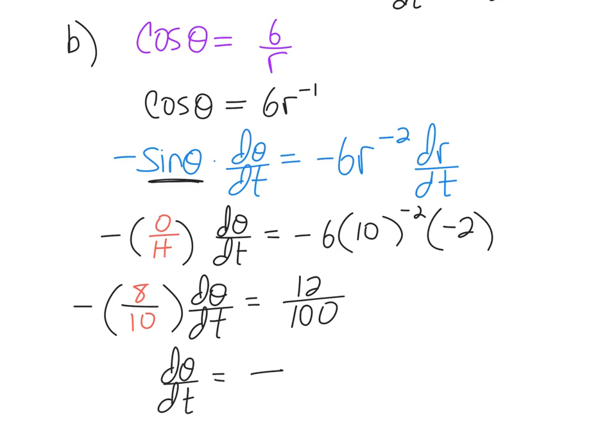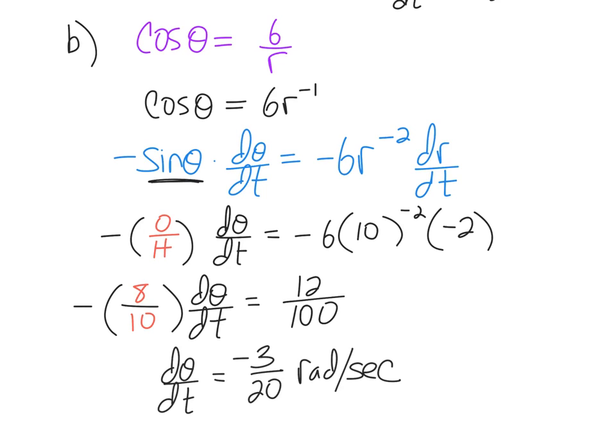So it'll be a negative quantity. We'd have 12 over 10 when we multiply by 100. Then when we divide by the 8, we'll have 12 over 80, both of which are divisible by 4. So 3 over 20 negative. And this would be radians per second.